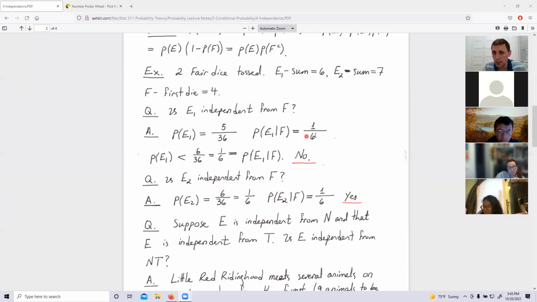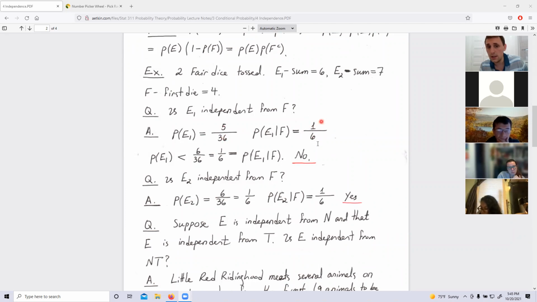Do you agree? So there are 6 possibilities altogether. That's our new sample space, which is: the first die is 4 and the second die is either 1 or 2 or 3 or 4 or 5 or 6. And only one of the outcomes gives us 6, namely the second die must be 2, right? So it's 4, 2. There is only one outcome in this universe. So it's 1 over 6.